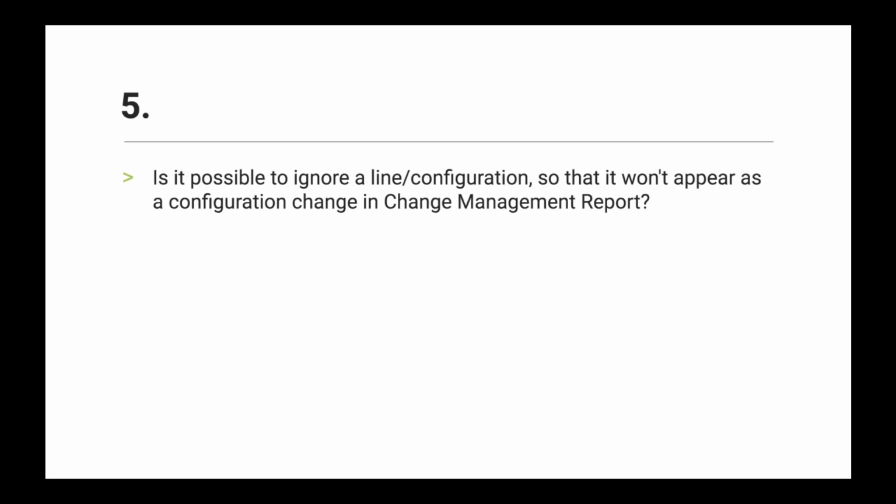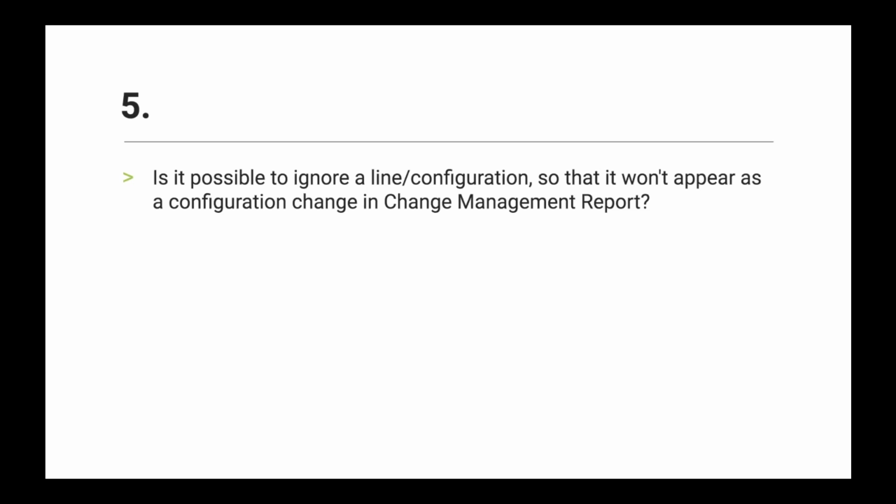A crypto secret key may keep changing on every login or every certain number of seconds, right? So whenever we do a configuration fetch, this line will always show as a change in the configuration, which is actually not a change.